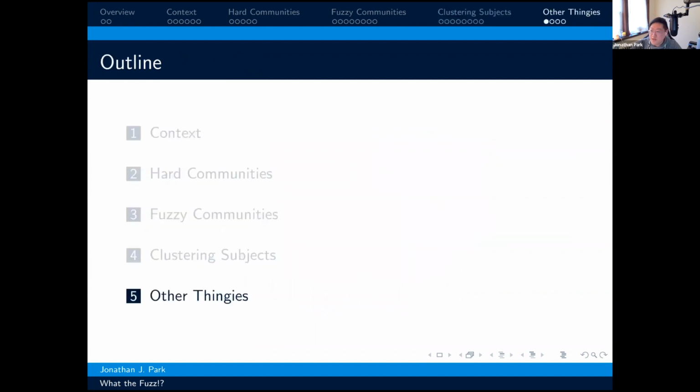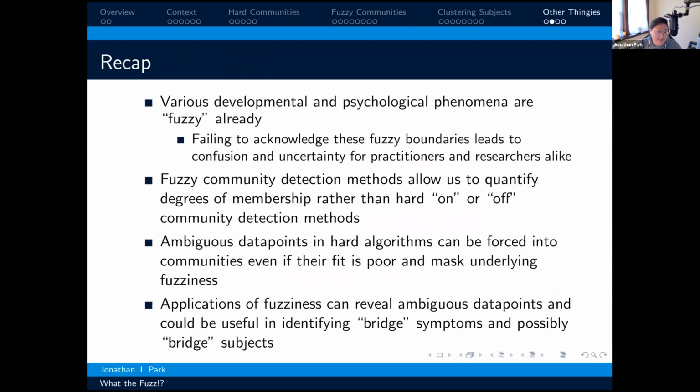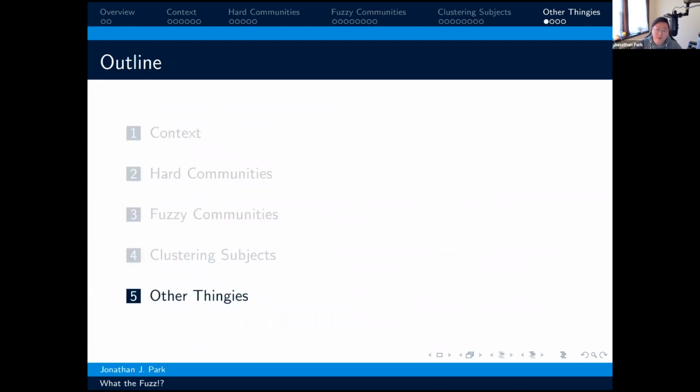So this is other thingies. So this is kind of like a recap and like other issues that exist. So basically various developmental, psychological, and a ton of phenomena in the natural world are fuzzy, and we just kind of don't acknowledge that sometimes. And again, as I said at the top of the talk, the goal is not getting rid of categories, but that we should just say that they're fuzzy and acknowledge the fuzziness that is inherent to these categories.